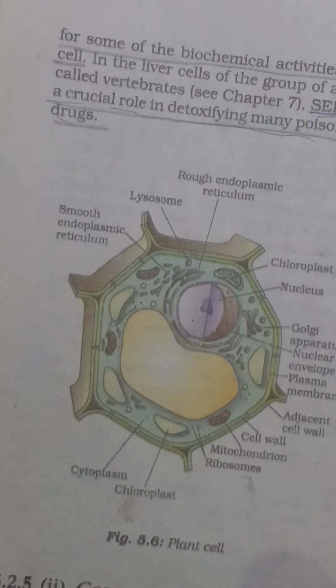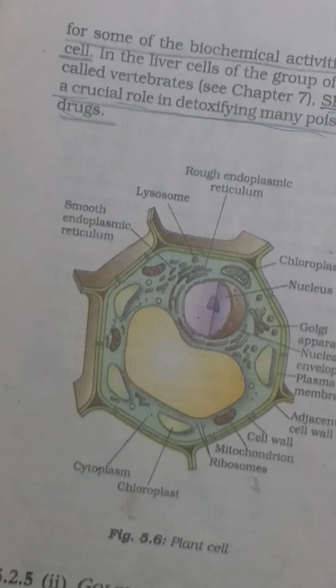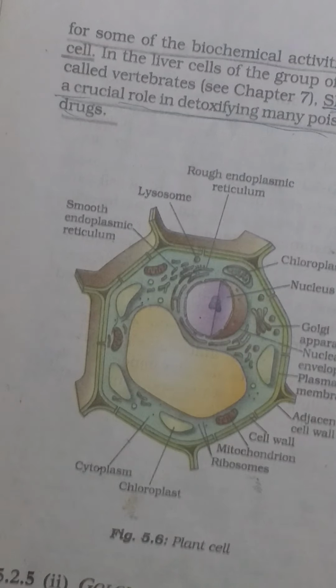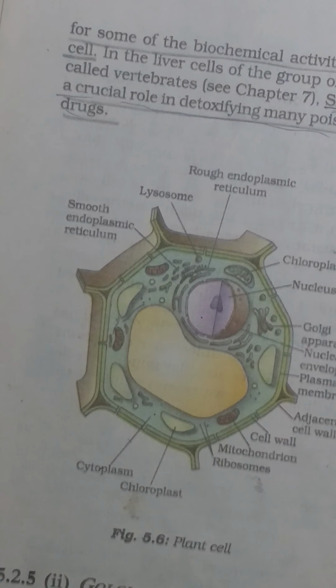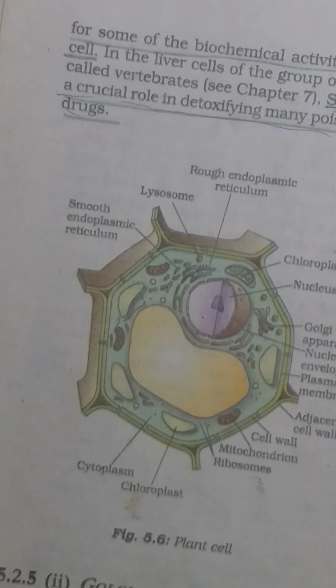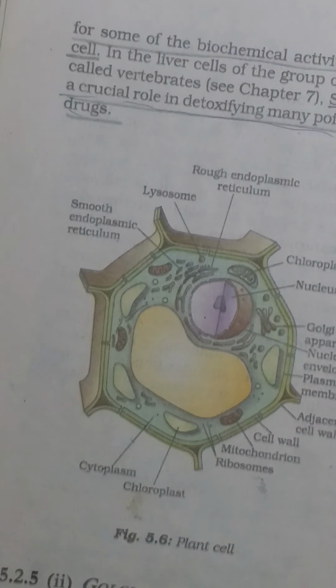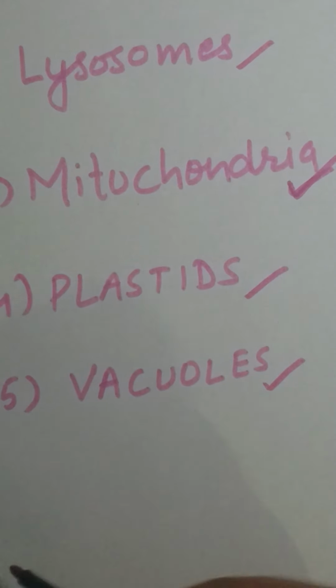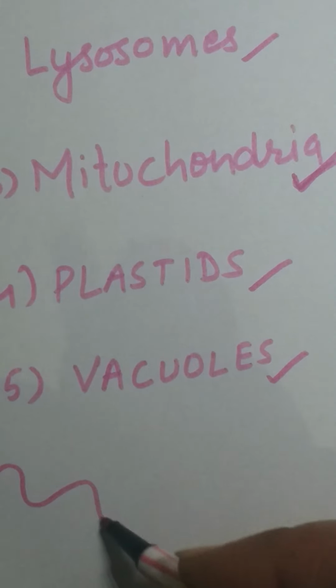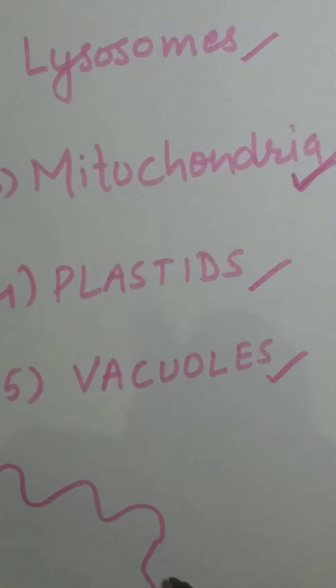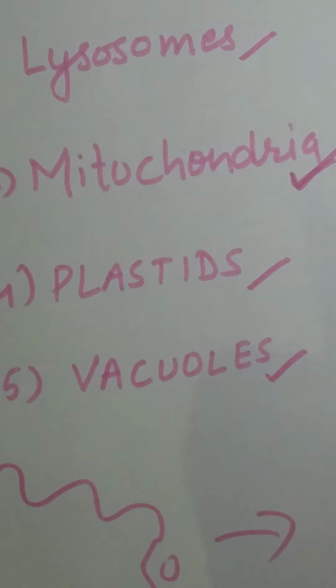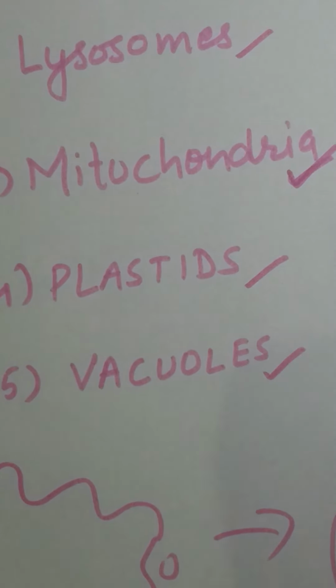And vacuoles are helpful in some unicellular organisms like amoeba, which take their food using the vacuoles. As I'm showing, amoeba is having an irregular structure. So this is the structure of amoeba and this is the food material. Now it is increasing one of its portions.